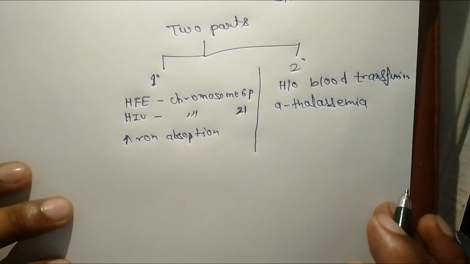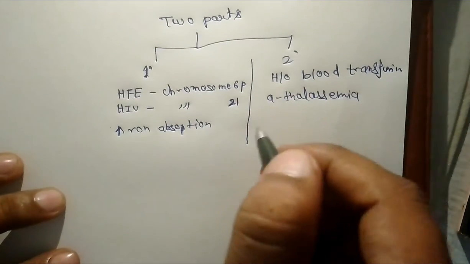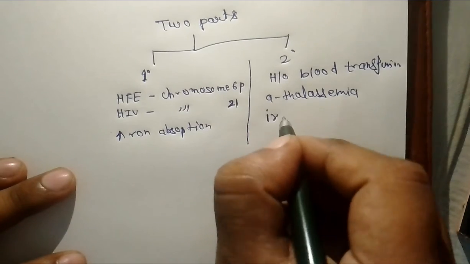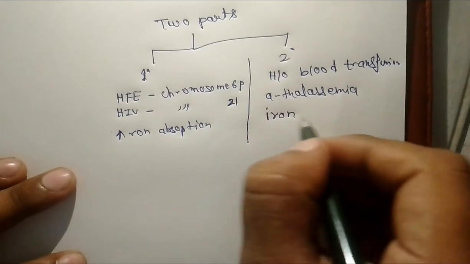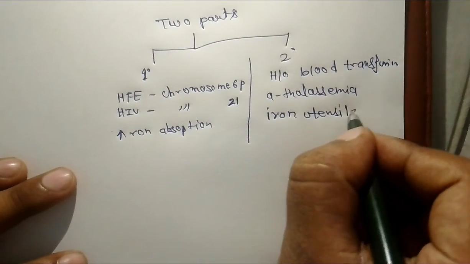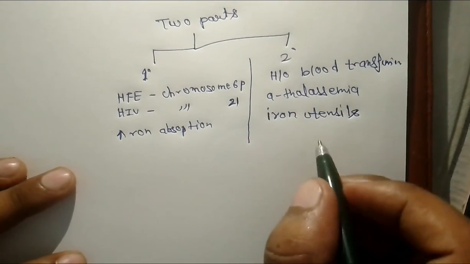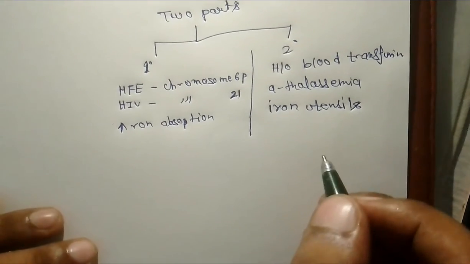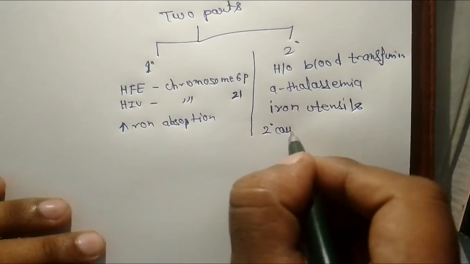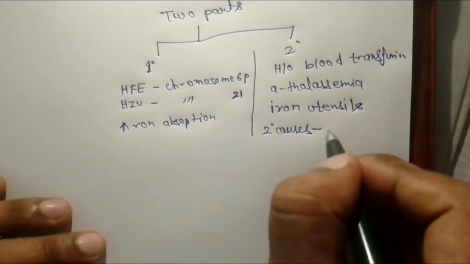Another cause is that in some places they used to eat from iron utensils, that causes iron overload in our body. And another secondary cause is hemosiderin.